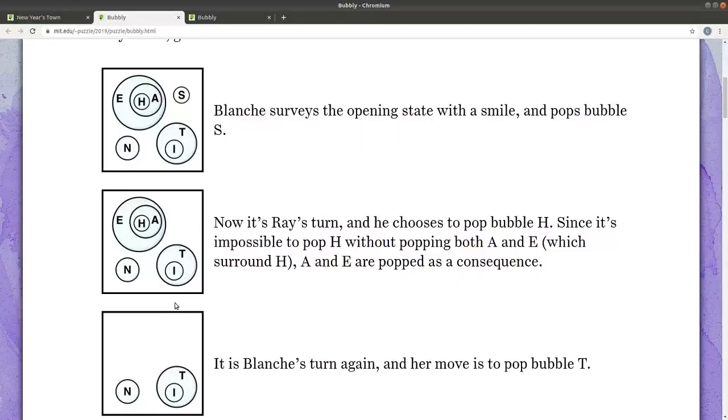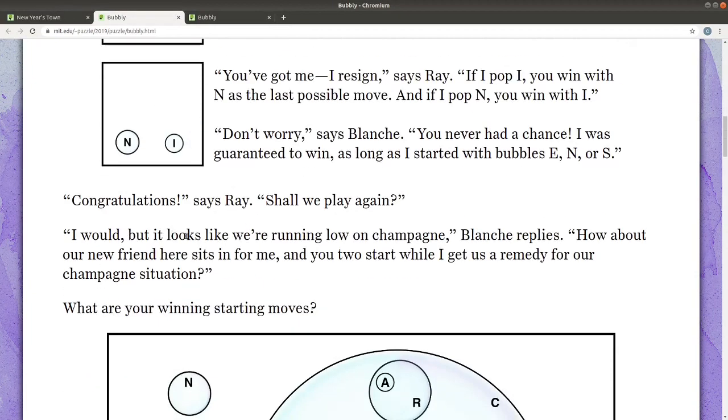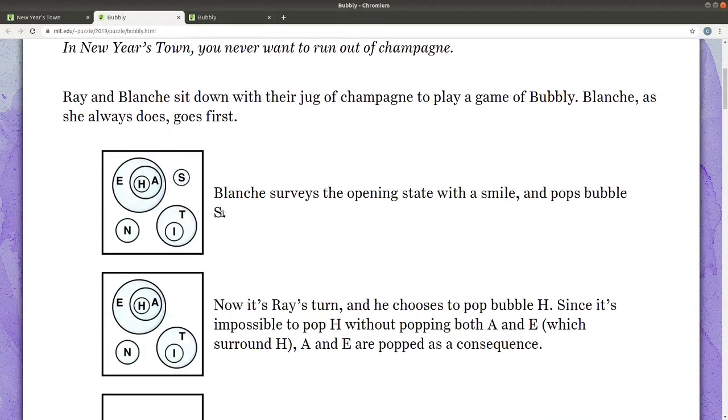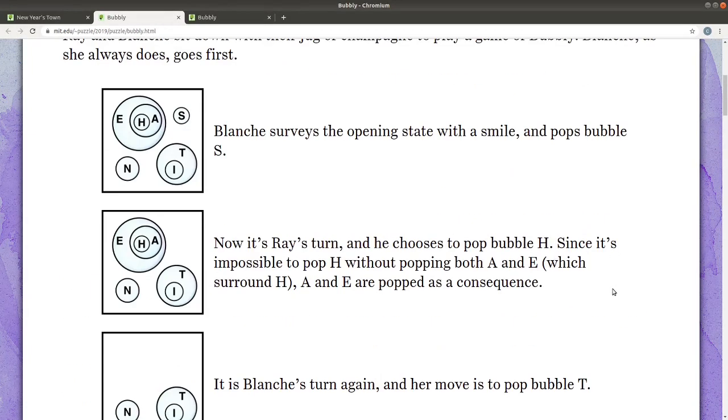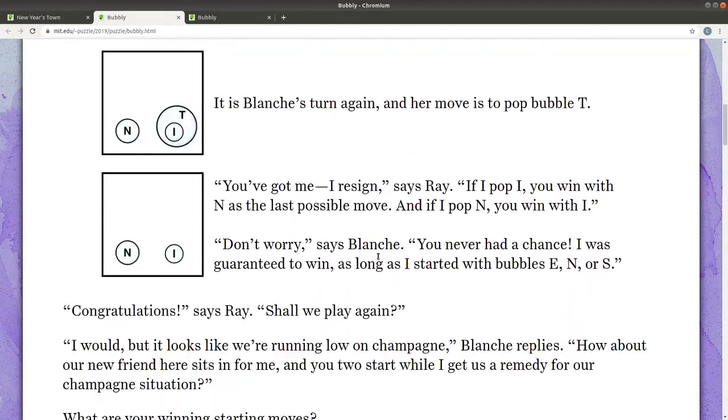And what would that mean? That would mean popping the outer bubble of the 3 and leaving just the inner 2 bubbles there. That would also be a winning move. So that means popping bubble E. And so you'll see here, that agrees with what Blanche says. I was guaranteed to win as long as I started with bubbles E, N, or S. Okay, so our answer matched with what the example puzzle says.